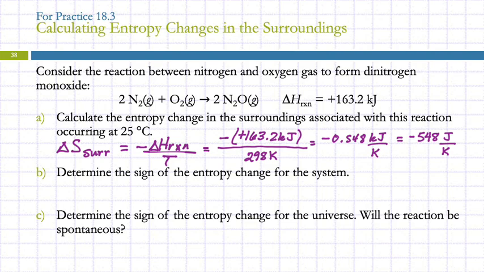Determine the sign of the entropy change for the system. That's a good question. So we do see that we have an endothermic process happening here. But then we also have this business of going from 3 moles of gas to 2 moles of gas, right?